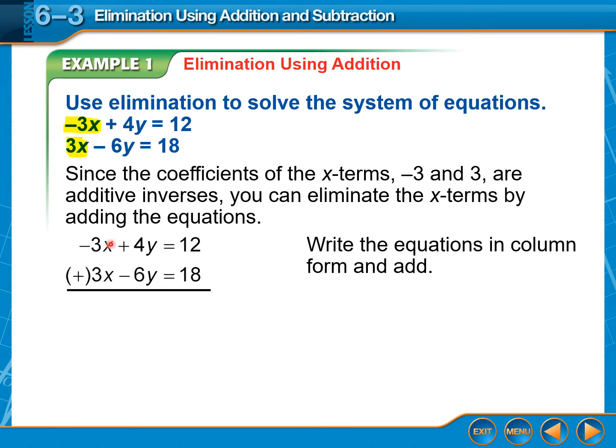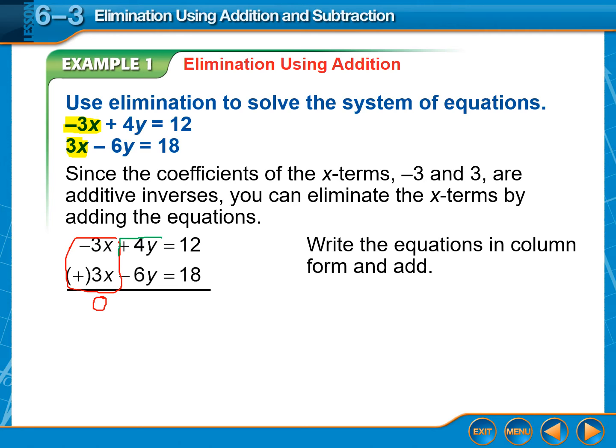Now, in order for these x values to cancel out, I'm going to add them together, because negative 3x plus 3x makes 0. I took just the x terms first. Then I take the same process and look at each of the other two sets of terms.